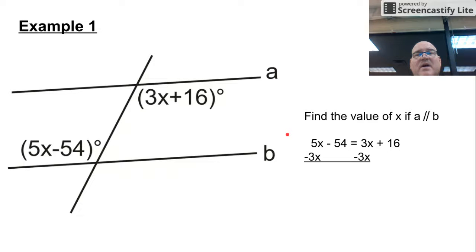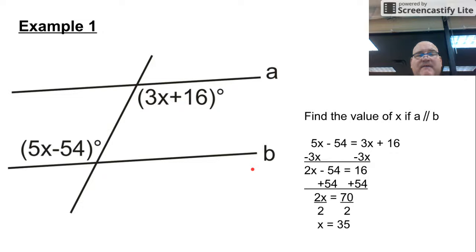We'll use the subtraction property of equality and subtract 3x on both sides, resulting in 2x minus 54 equals 16. Then we can use the addition property of equality, add 54 to both sides, 2x equals 70. Finally, by the division property of equality, we'll divide both sides by 2, and we discover that x equals 35.